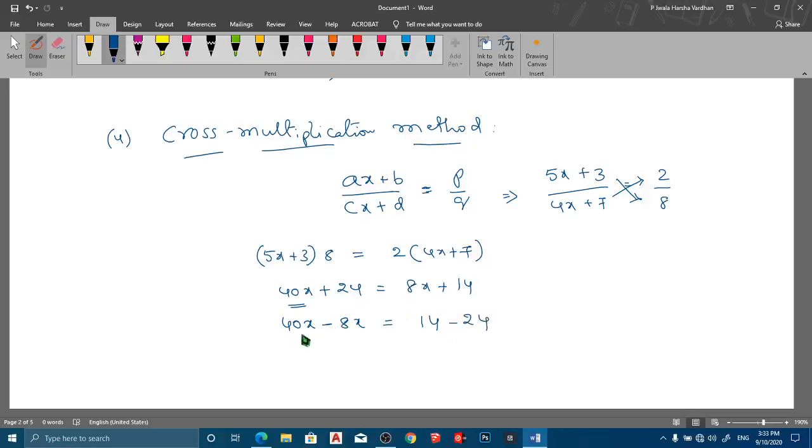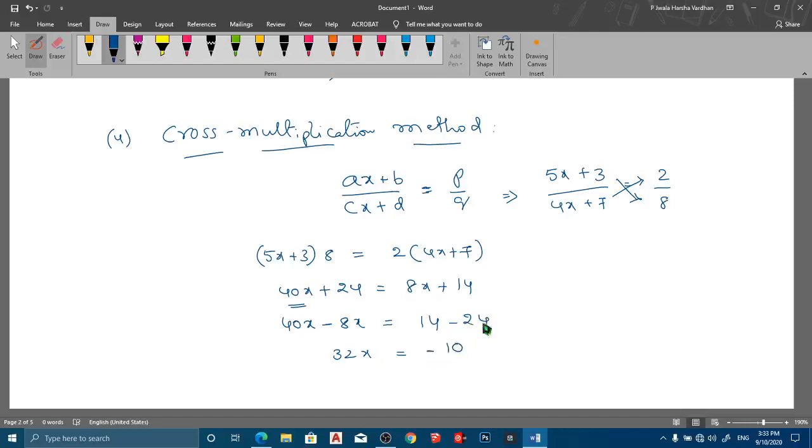Okay. Now these two are like terms. You can subtract. From 40x, you subtract 8x, which gives 32x. Then 14 minus 24 is minus 10.